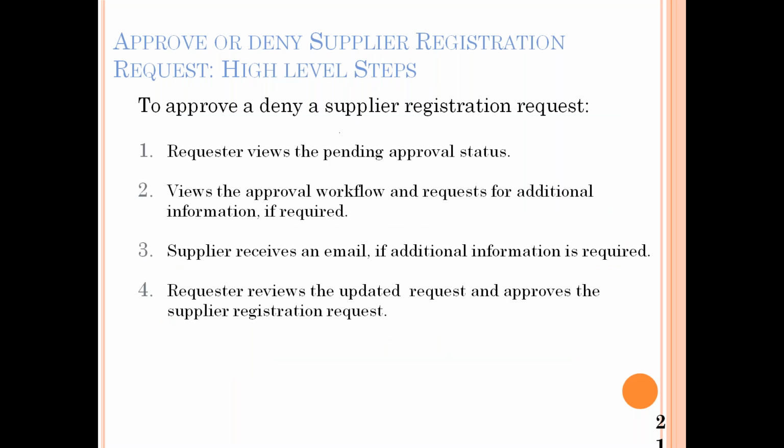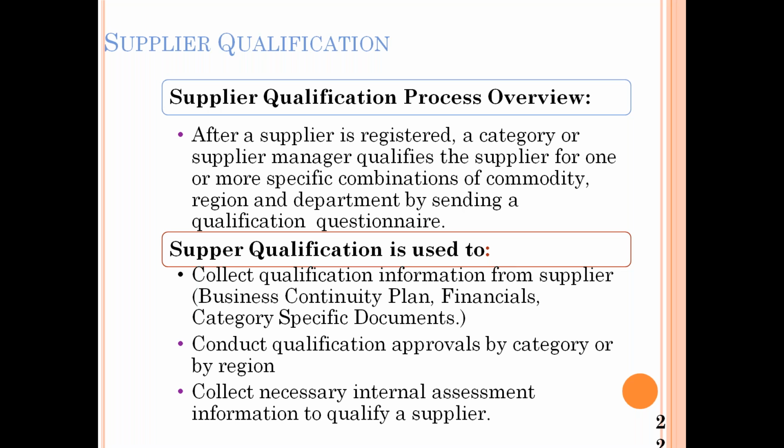So this is the process flow I was just wanting to show. And then the supplier qualification. Once your registration is done, next is your qualification process. So why are you qualifying? You might be thinking that once supplier registration is done, then why are we going to qualify it again.